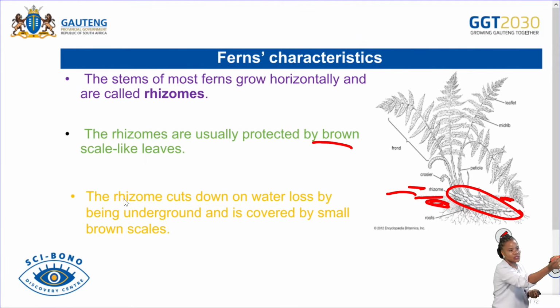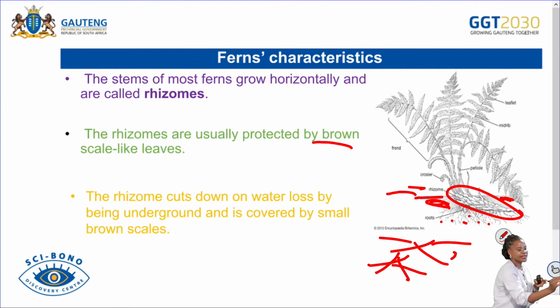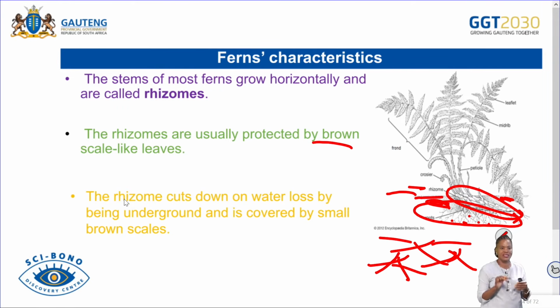And on the rhizome, that's where the adventitious roots are developing. The adventitious roots are the scattered roots. They are developing from the rhizome.